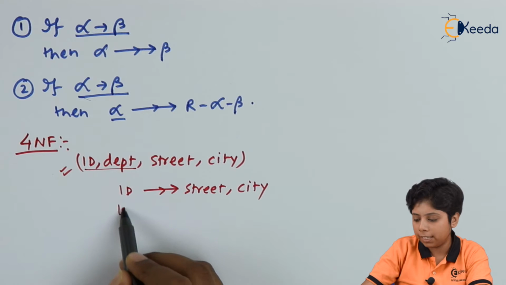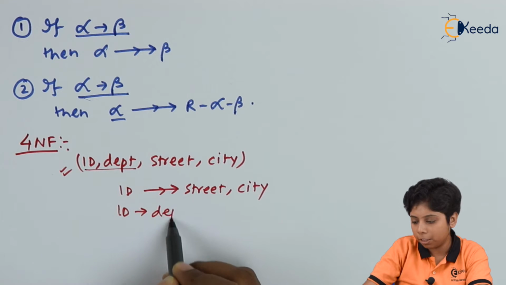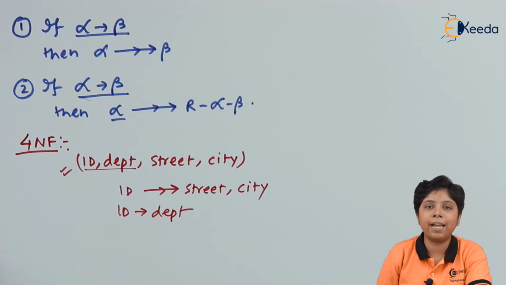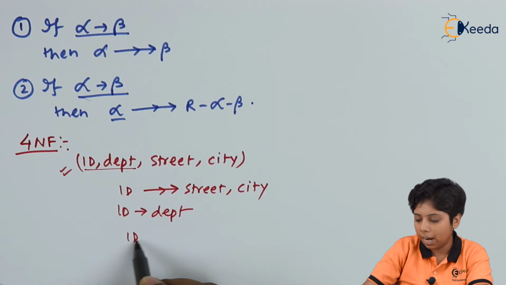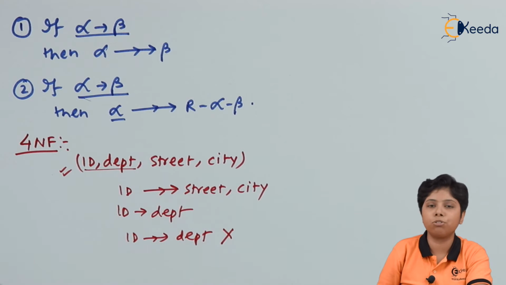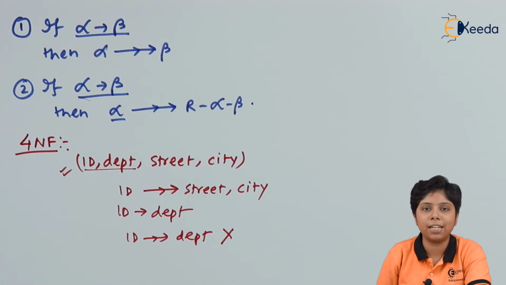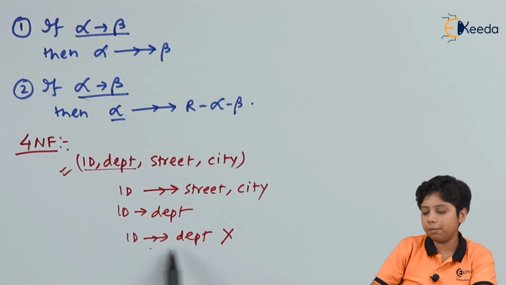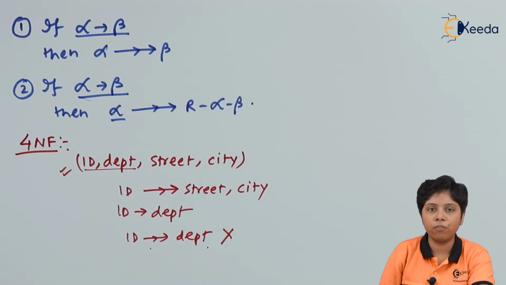So we can say that ID defines department, and from this definition, if there lies ID department's definition, then it also defines that ID multivalued department, which is not true for our case, because there is one instructor within each department and the instructor can have multiple addresses. So the ID multivalued department does not follow with our rule.